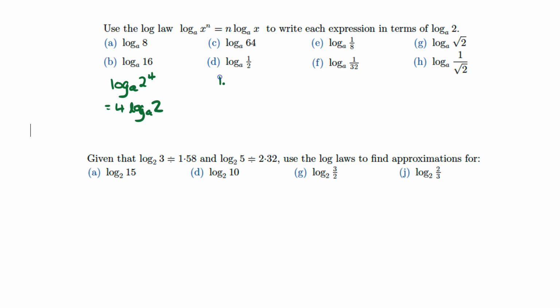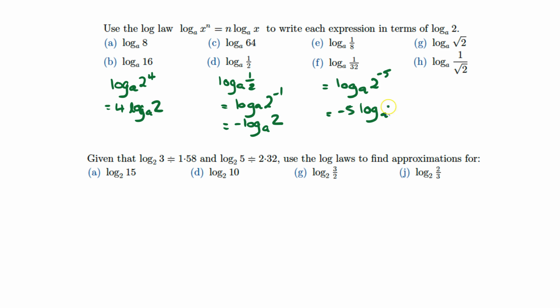For log base A of a half, if we recognize that that's log base A of 2 to the minus 1, then that gives us minus log base A of 2. Log base A of 1 on 32 is log base A of 2 to the minus 5, so that's minus 5 log base A of 2.